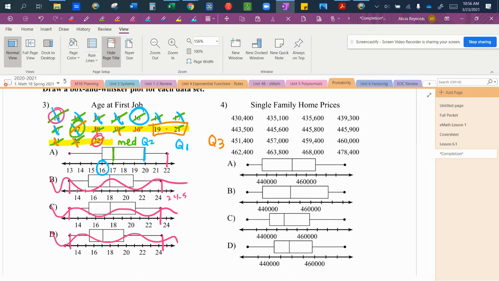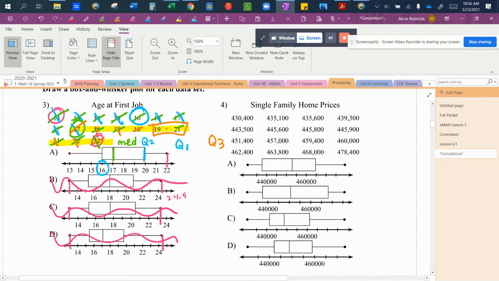Raise your hand if you've done mean, median, and mode in the past, if you have any recollection of this. It might have been in 7th or 8th grade, so I know it might have been a while since we've seen it, which is why we're doing it again. When I cross those out, I get 17 in the middle. This green circle right here, that's my middle.